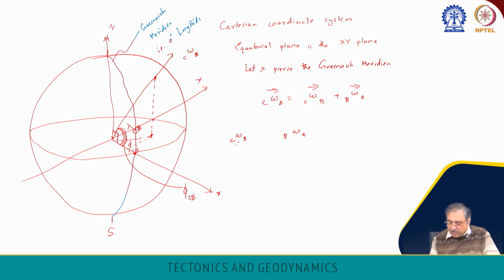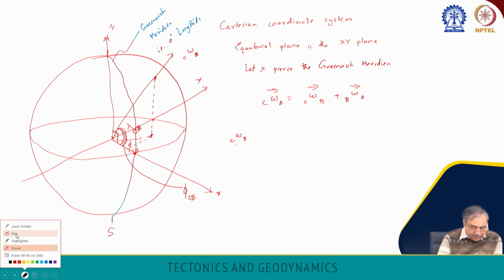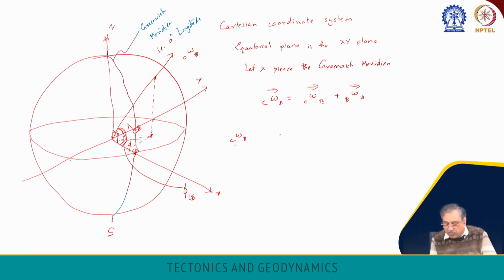So for omega bc, for example, the components would therefore be x cb, y cb and z cb.